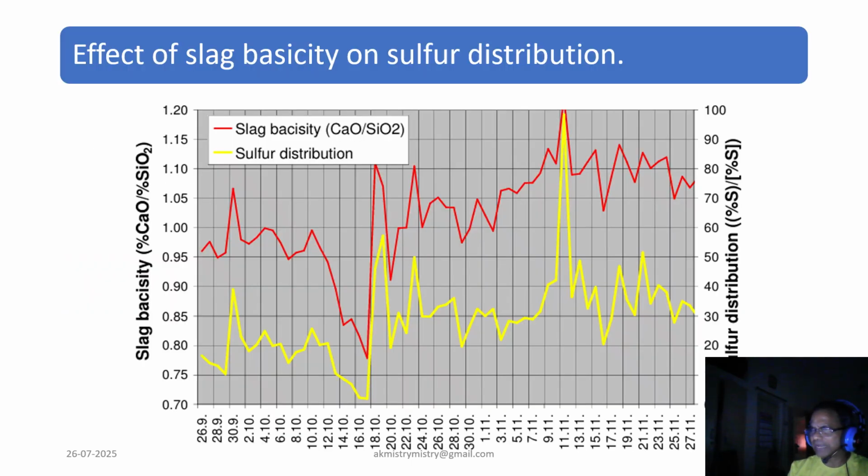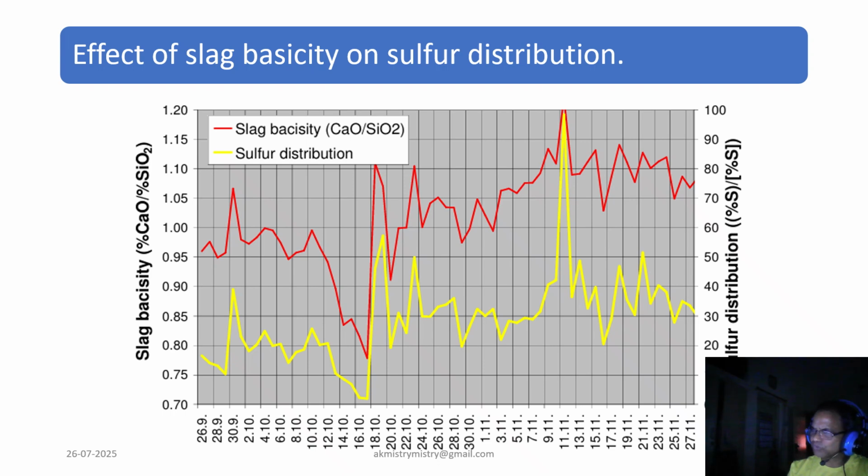Now coming to the effect of slag basicity on sulfur distribution, which is also going to be a challenge while increasing pellet from 30% to 100%, because we have to adjust the basicity of the slag in order to combat the metal sulfur.